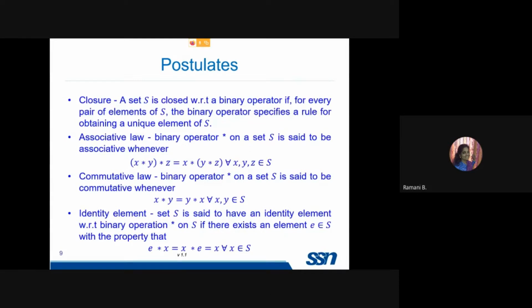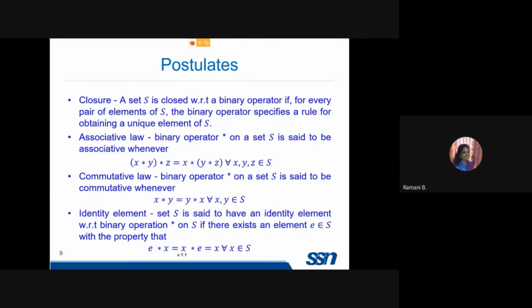In such a case, we call it the associative law. Then the commutative law, which we have also come across in many places: x star y is equal to y star x for all x, y belonging to the set S. That is the commutative law. Next we have the identity element.